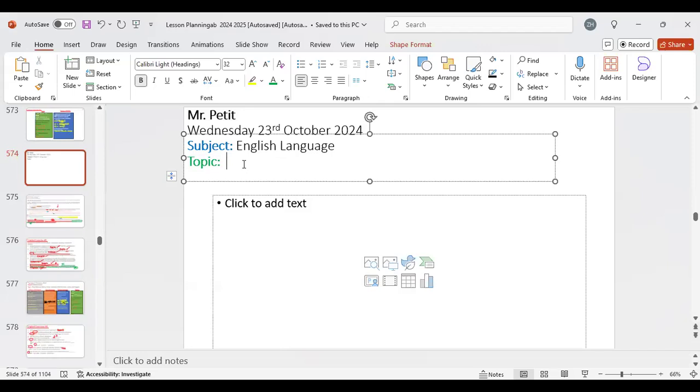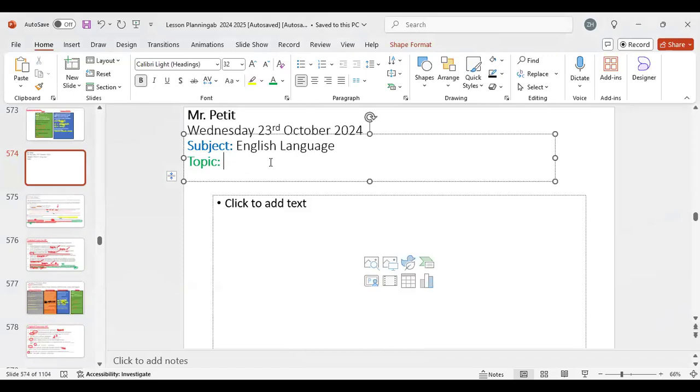What are paragraphs made up of? Sentences, right.